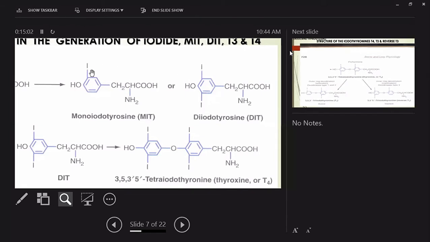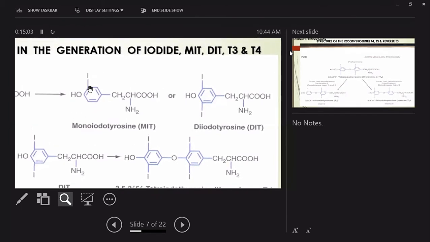Here, the iodine will bind. This is your tyrosine molecule. 1, 2, 3, 4, 5, 6 carbon. The iodine will bind to the tyrosine. If 2 iodine will bind, then that is already diiodotyrosine.